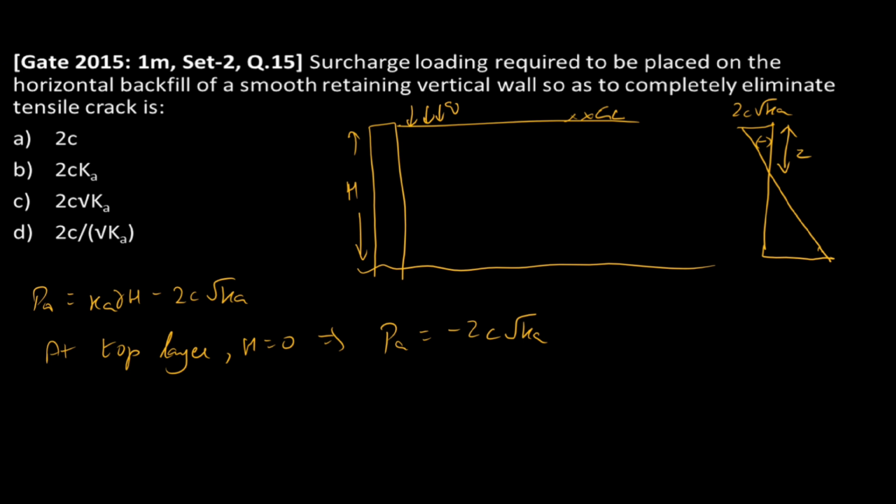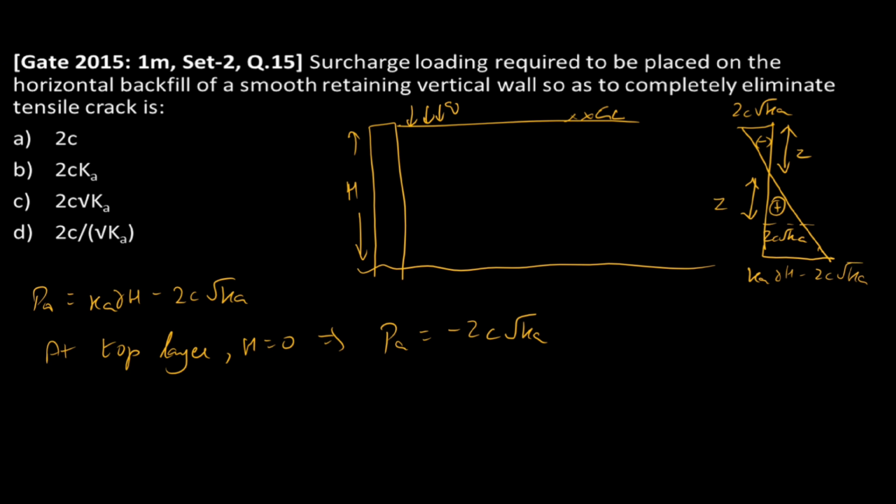If we extend Z to the next point, here also we will be getting 2C root Ka, which is the active earth pressure till Z at the compression zone. So this one is the compression zone. At the bottom layer, it is Ka gamma H minus 2C root Ka.